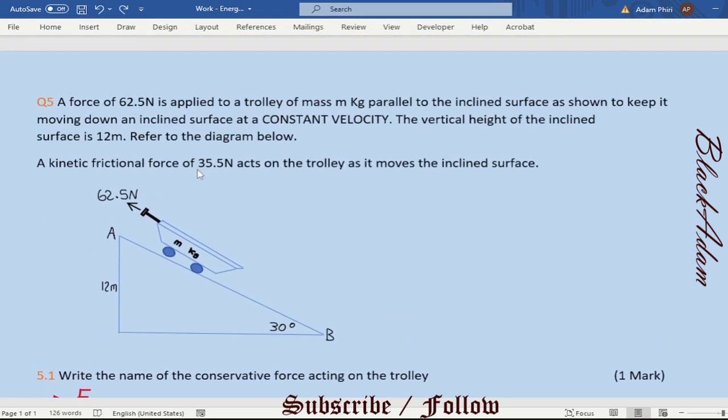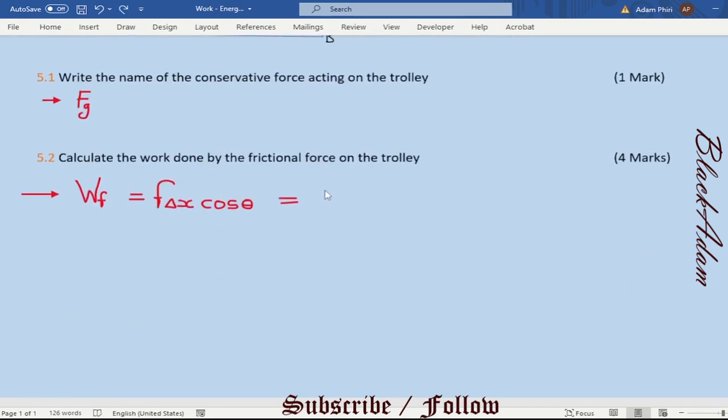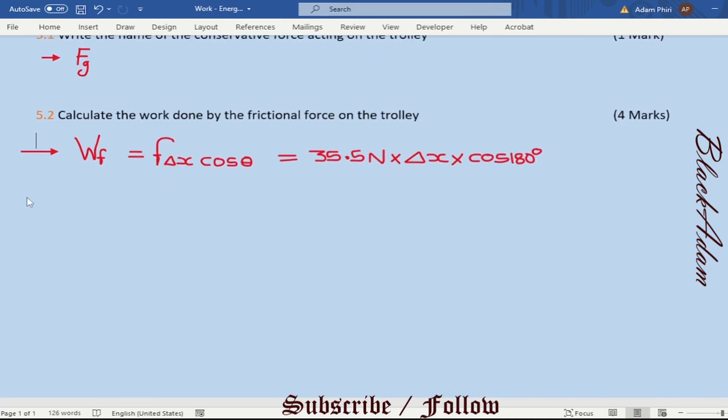So we have 35.5 newtons for our friction, multiplied by displacement, because we're not given the displacement, then multiplied by cos 180 degrees, because it's moving in the opposite direction. Friction always acts in the opposite direction of the moving object.